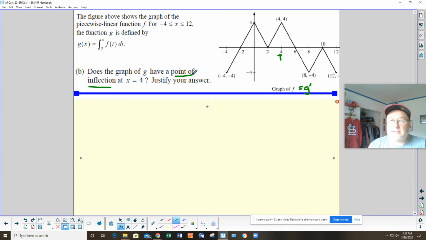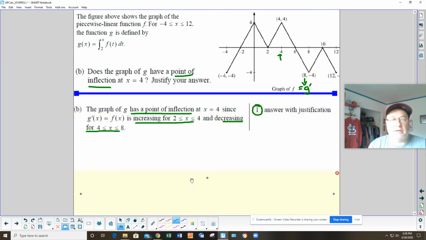So how do you figure out if the second derivative changes sign when you're looking at the first derivative? When you're looking at the first derivative, the derivative of that, G double prime, the second derivative, will change sign when this function changes from increasing to decreasing or decreasing to increasing.